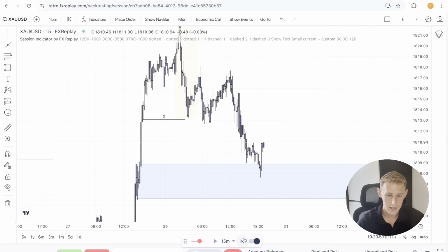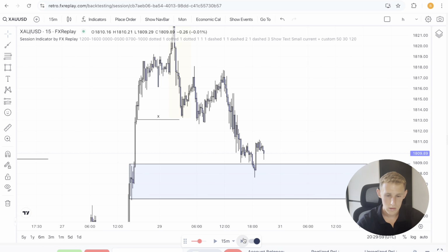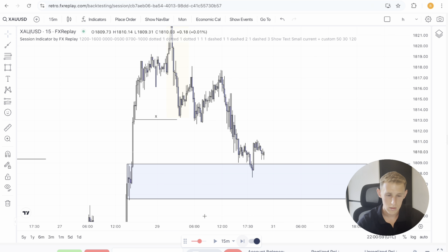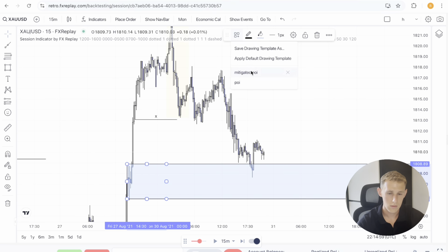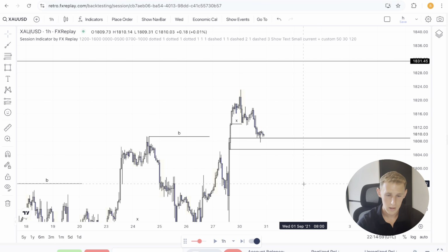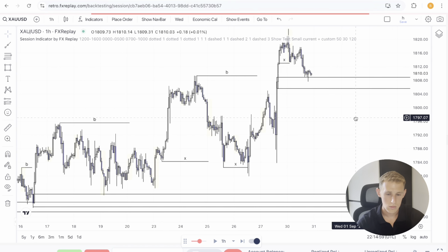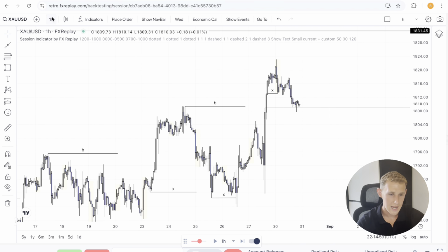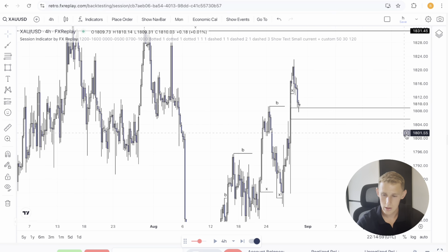Let's have a look at this next zone. And also, what do we have below this? There's not really anything else below this, to be honest.